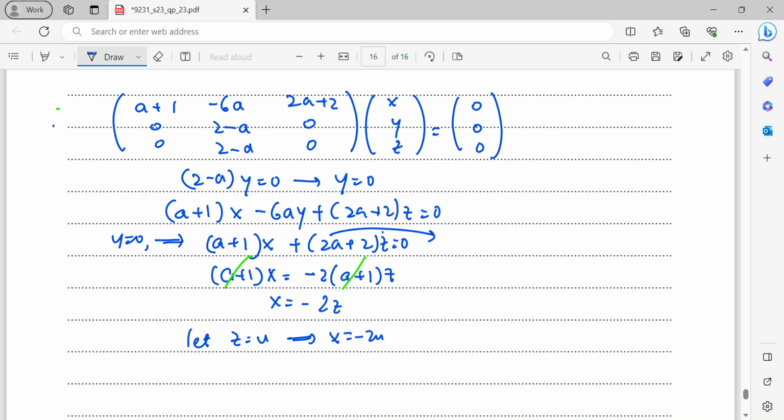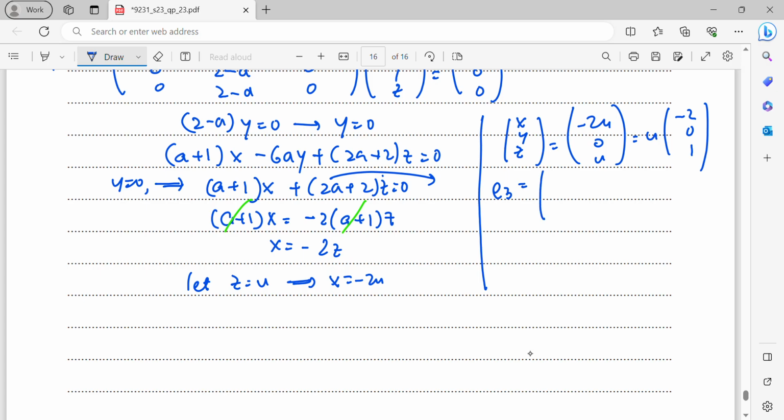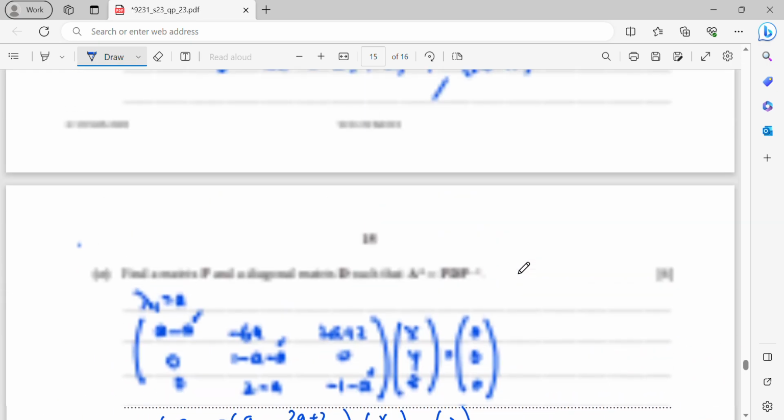Okay, so which means my x, y, z is going to be, my x is minus 2u, my y is 0, my z is u. Therefore, I factorize u, I get negative 2, 0, 1. Okay, then now I will get my eigenvector. So my eigenvector is going to be E3, that is minus 2, 0, 1, when the lambda 3 is minus 1. So once I have found all this, I can substitute into my equation.